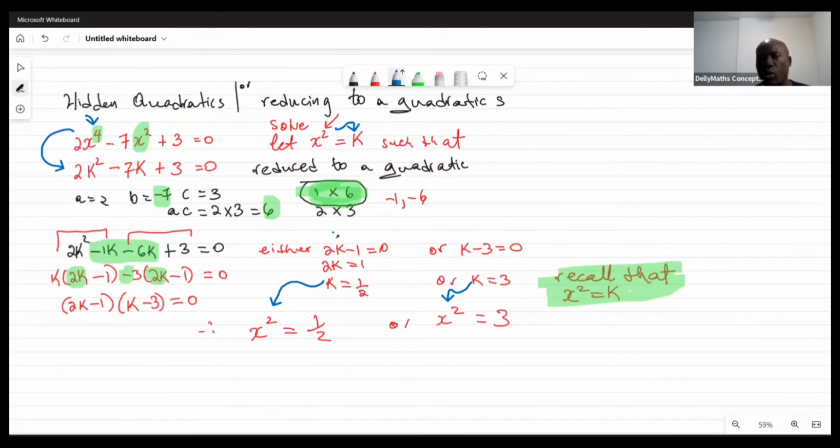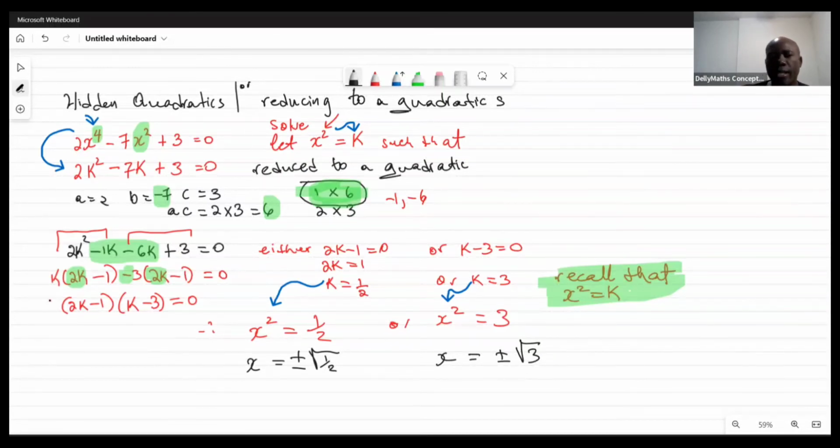Now we can go to the real answer. Remember that when you take the square root of a number, we're going to have plus or minus of that. So x is going to be plus or minus the square root of a half, or plus or minus the square root of 3.